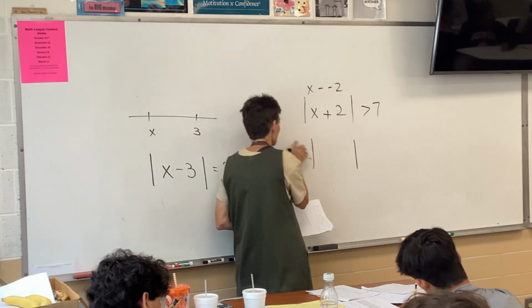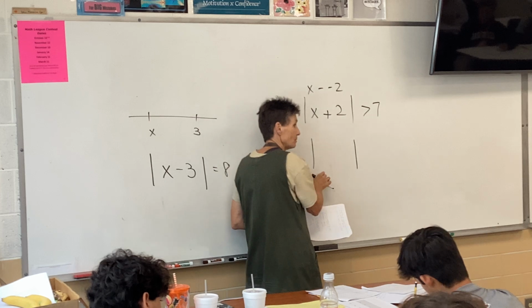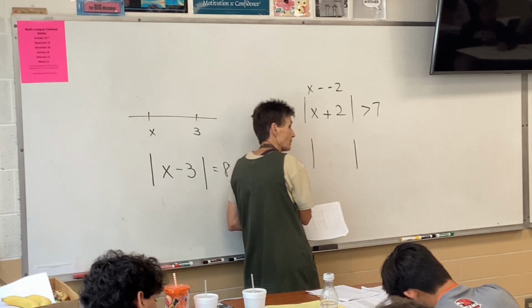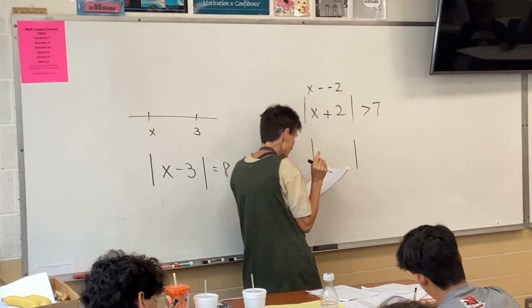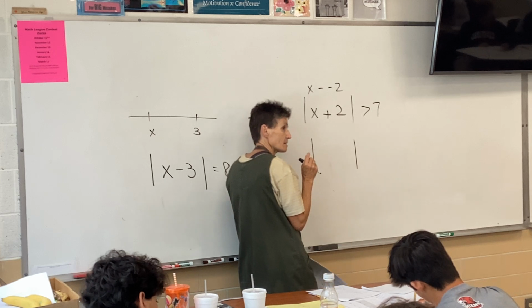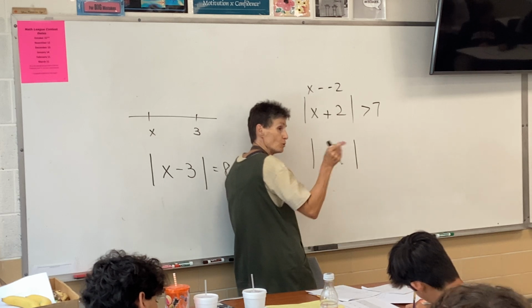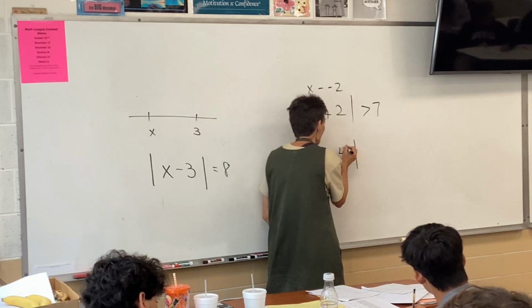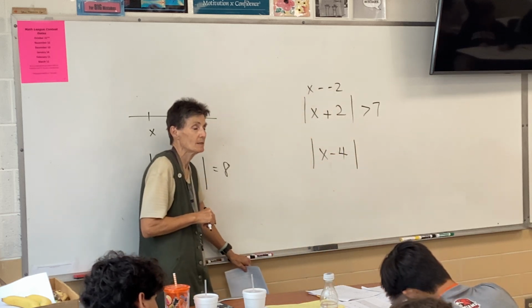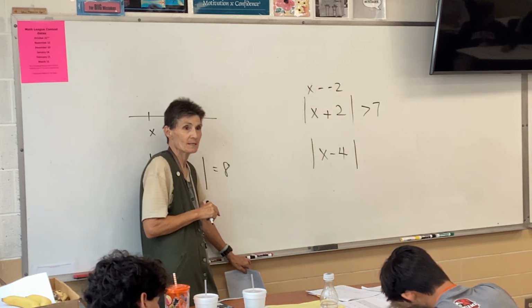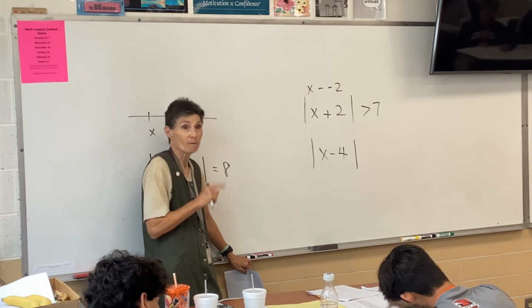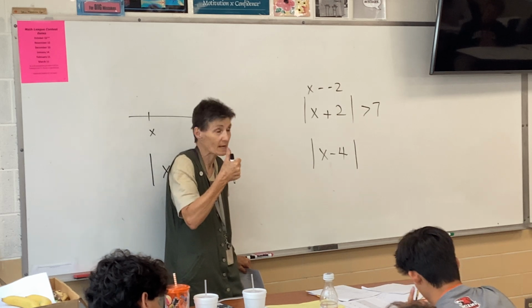So distance is automatically going to be an absolute value. I'm talking about two numbers. What do you want to put in here? The distance between 4 and x. 4 minus x. You can put 4 minus x. I'm going to put x minus 4 because that's just my habit. When you're my age, you don't break habits, so I'm going to put x minus 4. But 4 minus x is 100% correct.